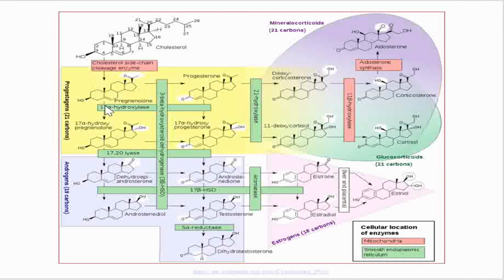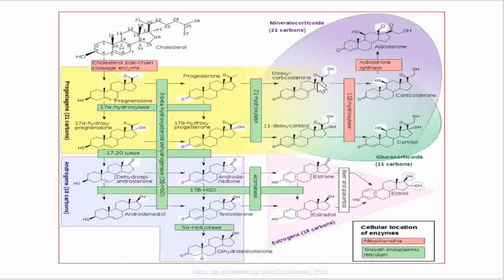You can see in this reaction, the 17 alpha carbon can be hydroxylated, so you can see OH is attached here. Likewise, this carbonyl group is converted to an OH group, and here you can find the conversion of this O to an OH group. So there are a number of conversions that can take place in the presence of cytochrome P450.